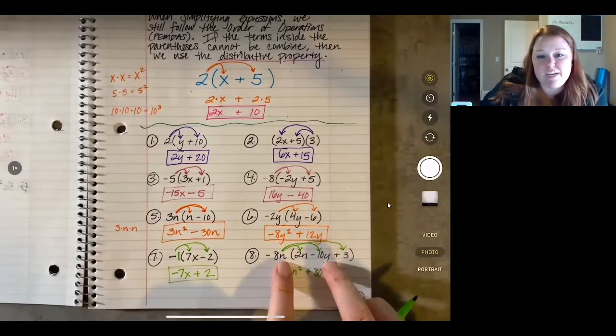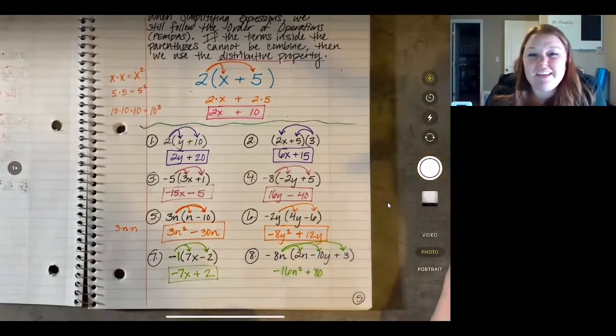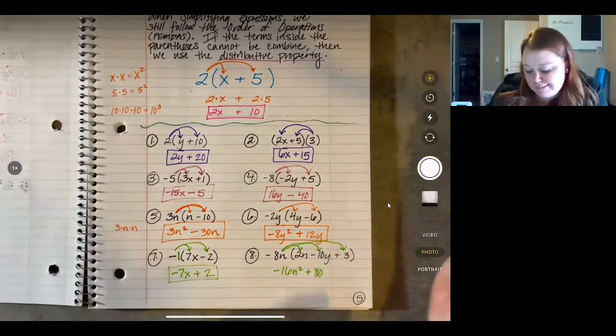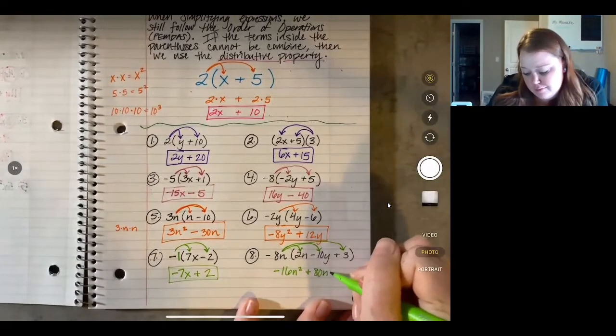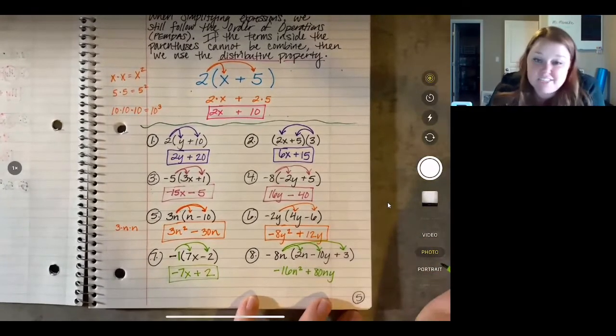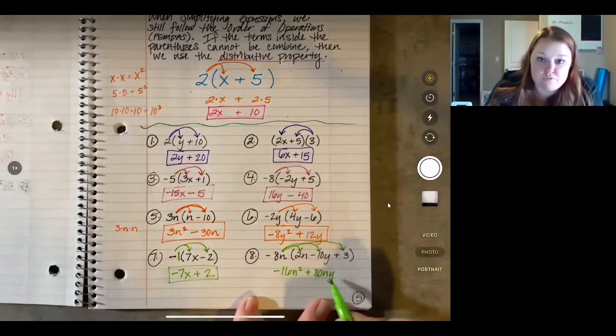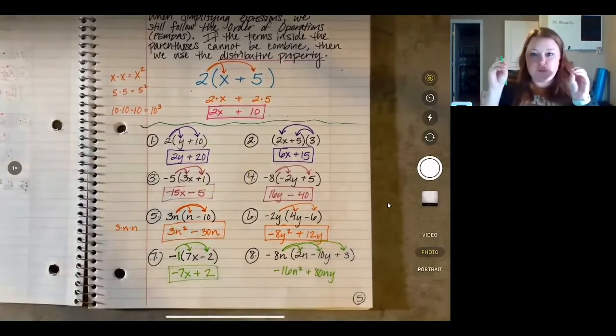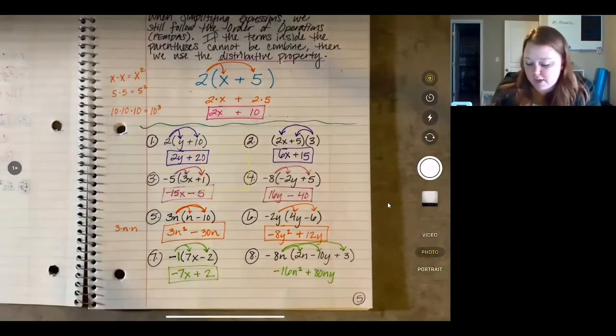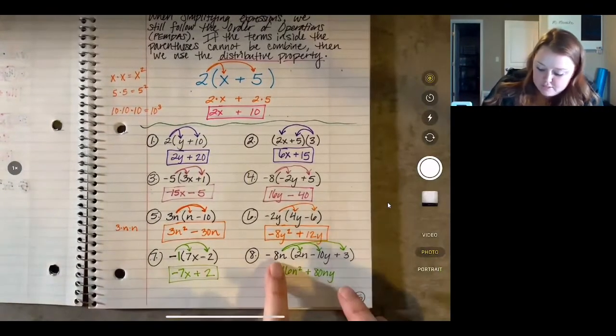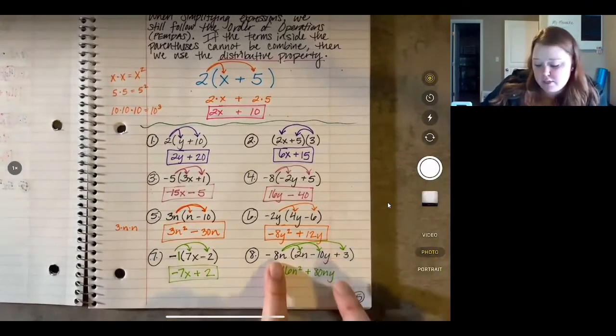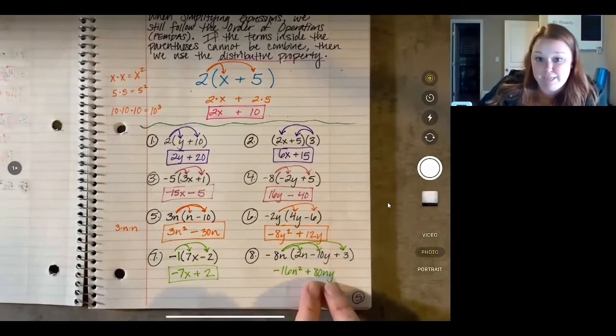Now, n times y. You know what n times y is? It's just ny. That's how you represent it. All of this is just multiplying anyway, so we don't really need the multiplication dots. We just shove it together, okay? So -8n times -10y is positive 80ny.